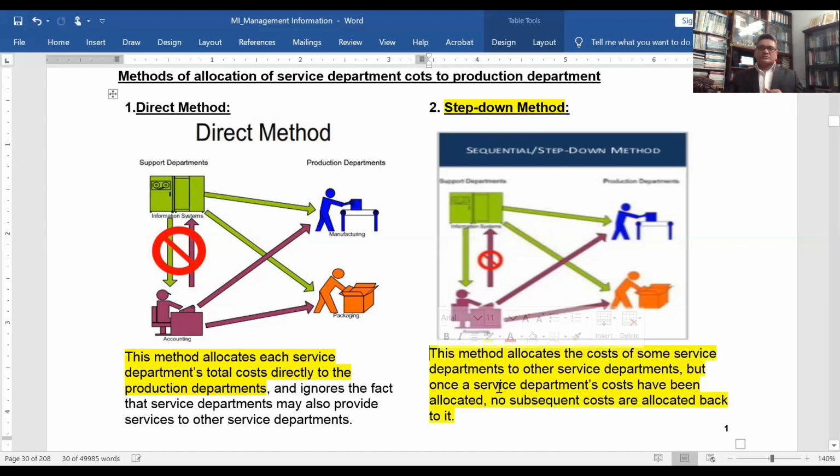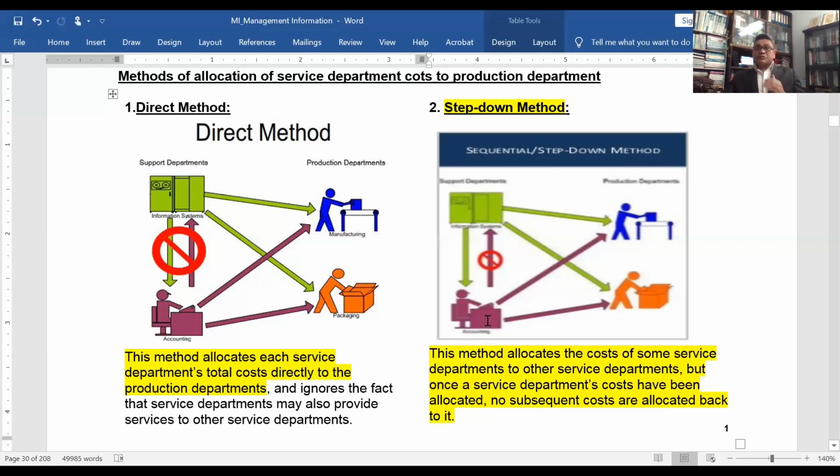So it is just one time that a service department's cost is allocated to another service department. Look at the picture here. A proportion of one service department's overhead cost is allocated into another service department.